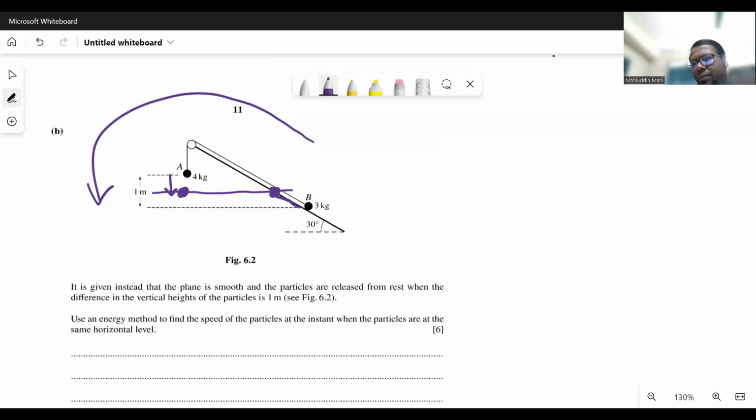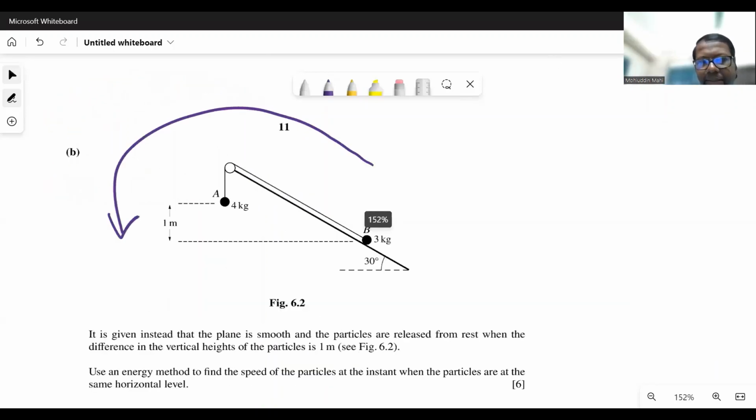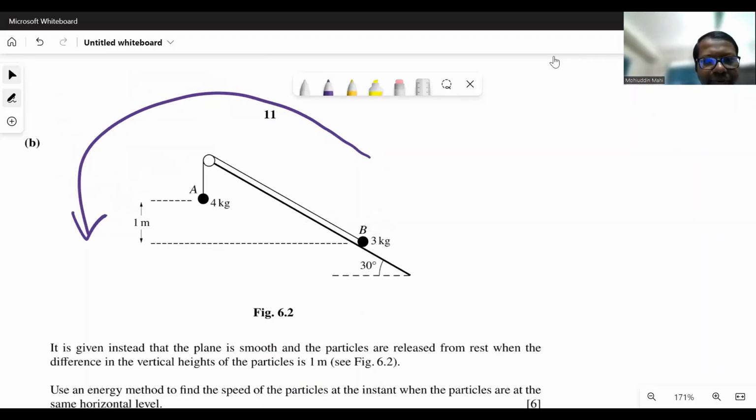All right, so now how can you solve this question? Be very careful about the distance. Say for example, object A has descended X amount of distance.